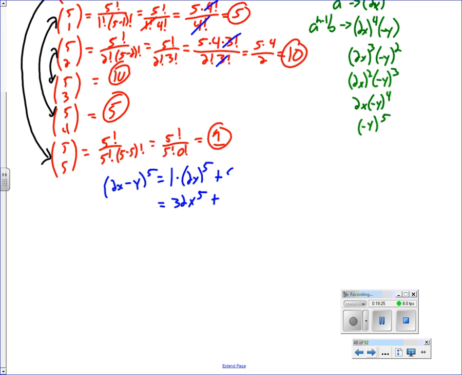Next term, our coefficient is 5, 2x to the 4th, and negative y. So again, we can simplify that. The negative from the y will come out front. 2 to the 4th would be 16, and then 16 times 5 would be 80.